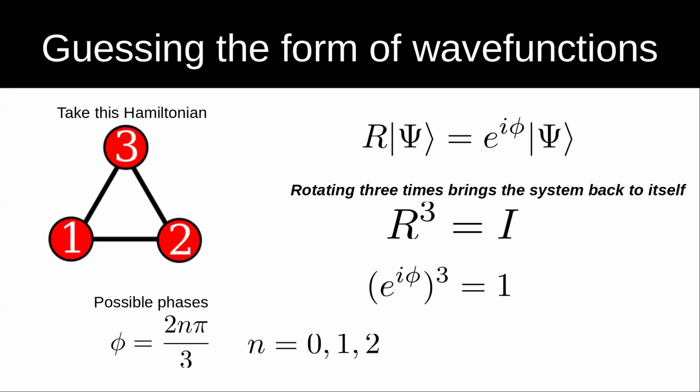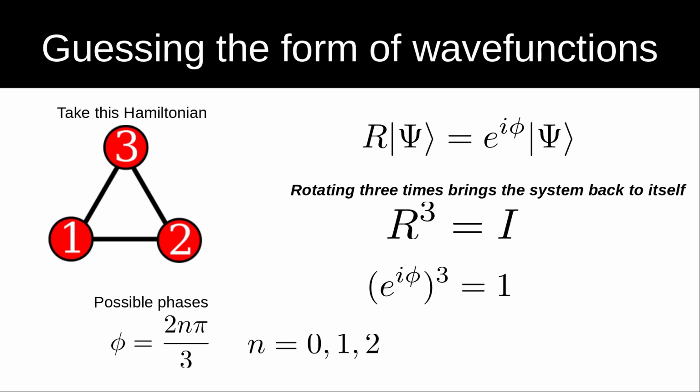If you rotate 120 degrees 3 times, you recover your original system. What this means is that applying the rotation 3 times returns the identity, which effectively means that your eigenvalue to the 3rd power must be 1.